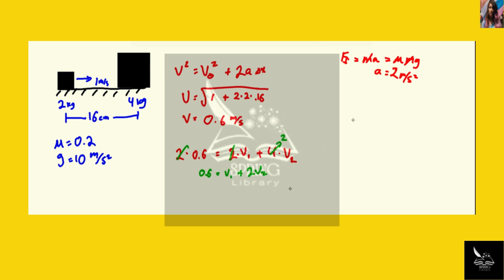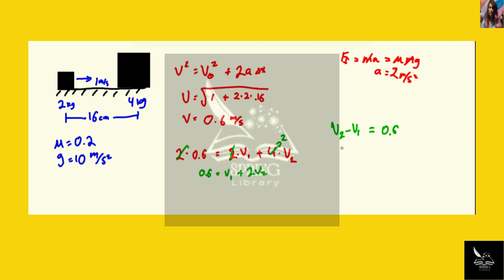And then from our collision equation, we know that v2 minus v1, the difference in their speeds after the collision, will be equal to their difference in speeds before the collision. And before the collision, the difference in speeds is 0.6, because that's all that we have there.